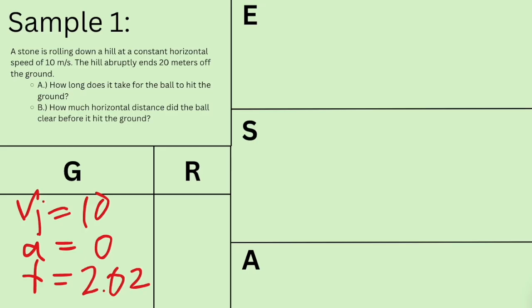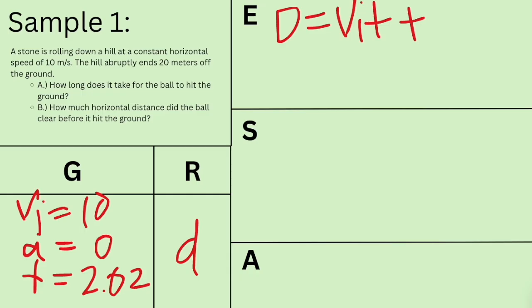Here we will be solving for distance. We will also be using the same kinematic equation as in the other problem. So we will do the same. D equals initial velocity multiplied by time plus acceleration multiplied by t squared over 2. Now we plug in the given into the equation.